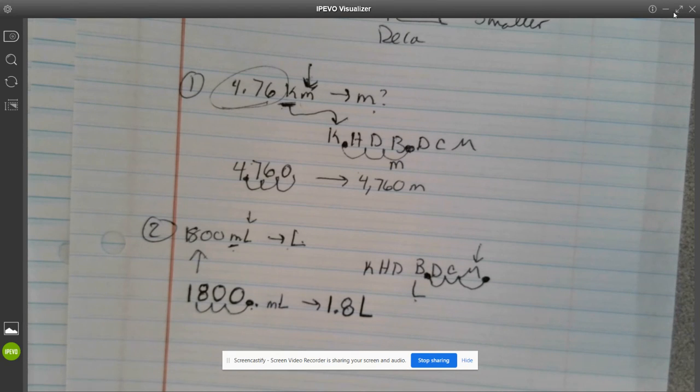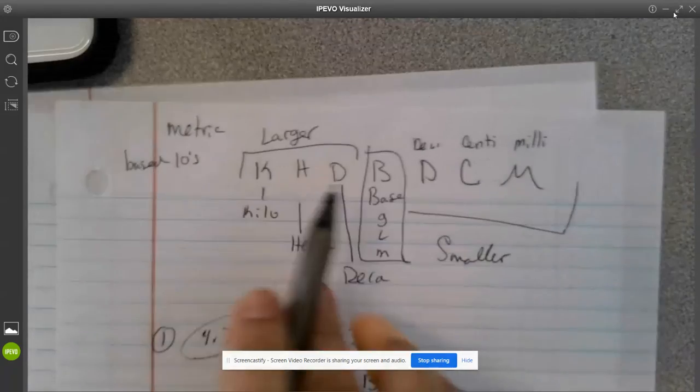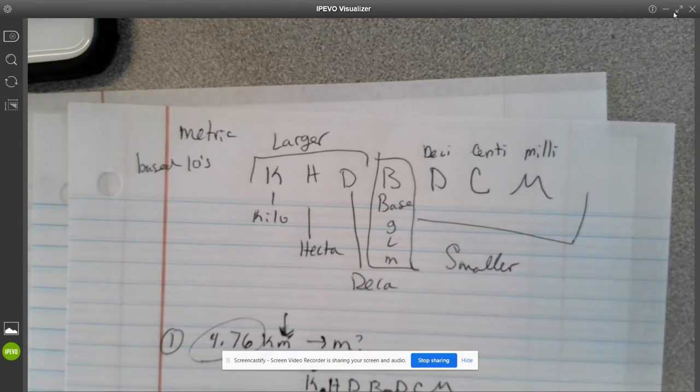Which part of this is not being understood? Is it moving the decimal, the number line? Is it looking at the basic metric system? And don't tell me all of it either, because that doesn't give me a place to start.